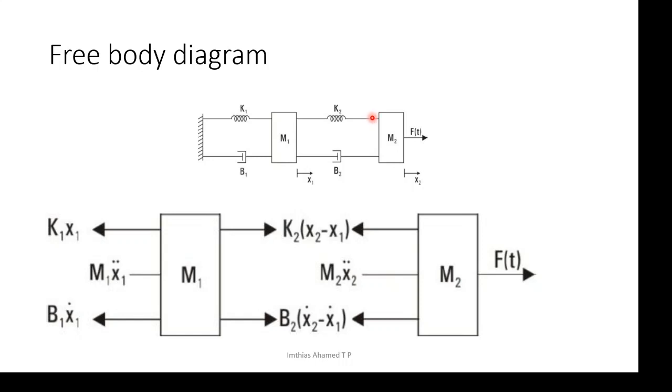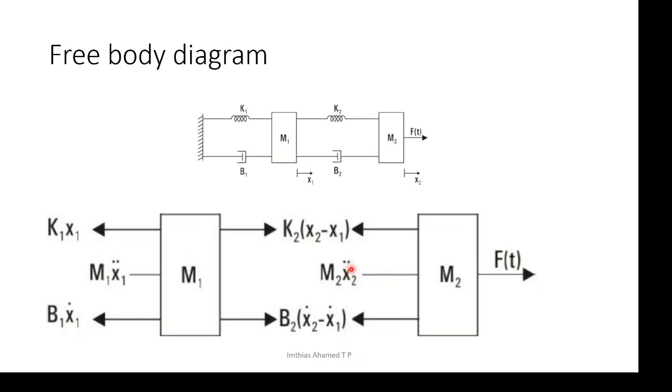The displacement of this end of the spring is x2 and displacement of this end of the spring is x1. So let us assume x2 is greater than x1. So I'm trying to expand the spring, so spring will contract. So the force at this end will be K2 into (x2 minus x1). Similarly, the force at this end will be equal to K2 into (x2 minus x1) in this direction. Similarly, for the dashpot, it will be b2 into (x2 dot minus x1 dot).